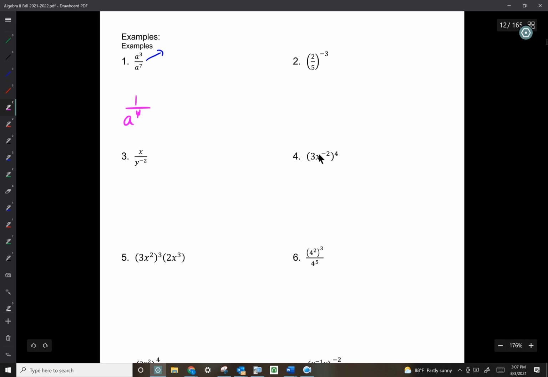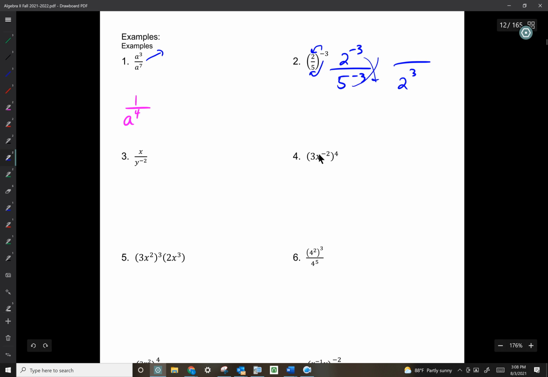The next one, I want to simplify it, and remember, I do not want to leave any negative exponents in my answer. Well, first thing I would say is remember how whatever's outside of a parenthesis applies to both of those, right? So I actually have 2 to the negative 3 and then 5 to the negative 3, okay? But remember, we don't like to leave negative exponents. Well, if I want this one to be positive, it's going to move to the bottom.